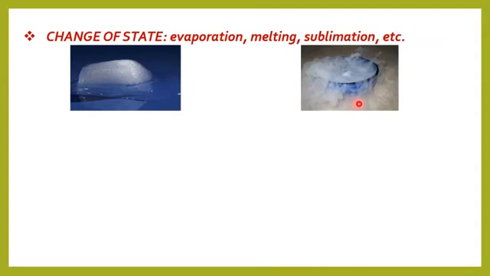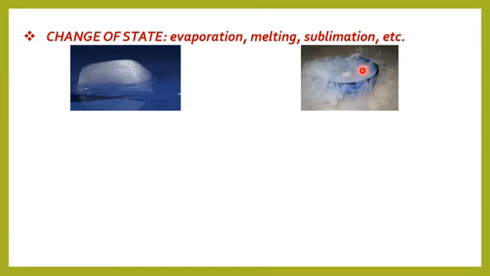The second picture describes what we call sublimation. Sublimation is a change of state of matter from the solid state, as in camphor, to the vapor state.